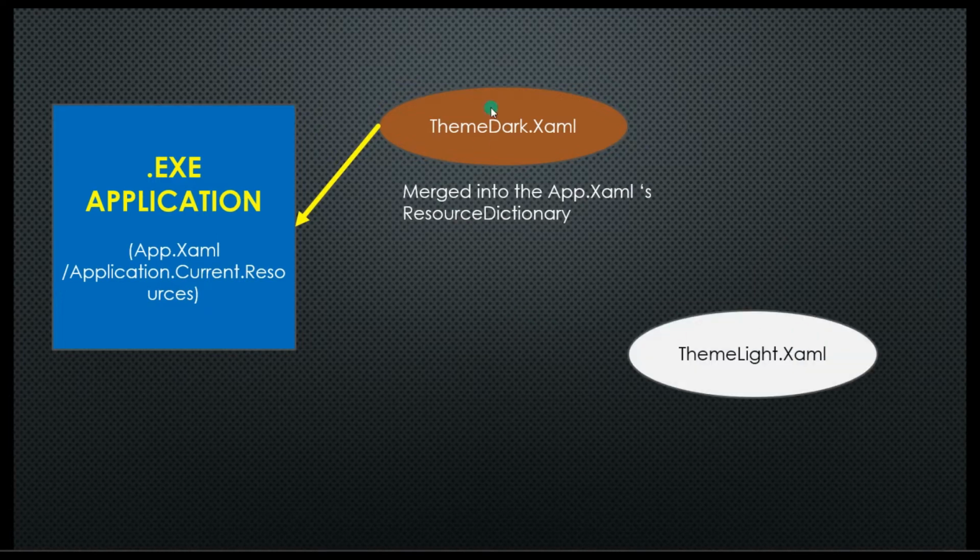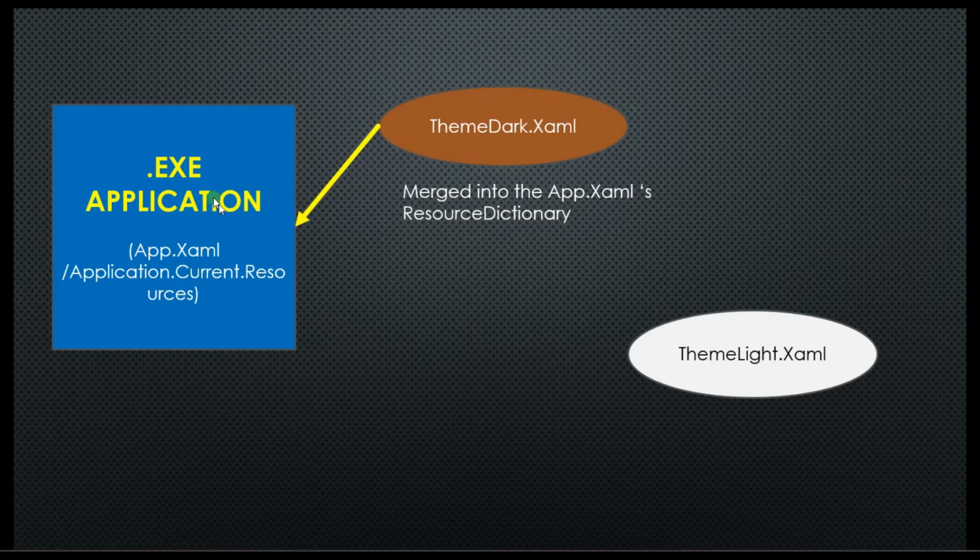So you have two themes now, and even though both theme files are present in the application, only one of them is merged. That's what we mean by loading. The other one is just there inside a folder in our application, but it is nowhere used. It is not merged anywhere. That's what I mean by loading into the application.